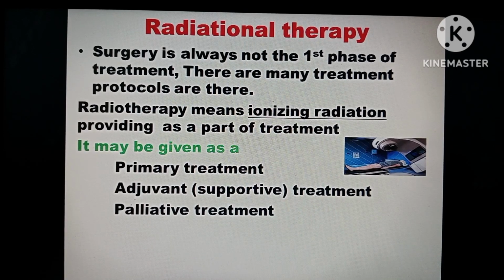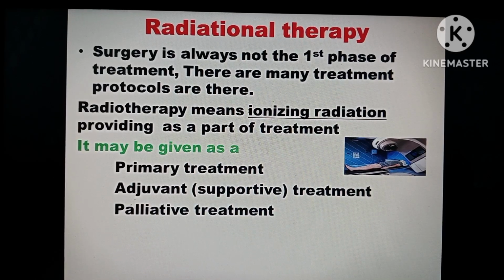The second one, adjuvant or supportive treatment, means the radiation therapy is given before the surgery as well as after the surgery. Why before the surgery? In order to kill the cancer cells and reduce the burden of cancer cells, so it is easier for doctors during the surgery.